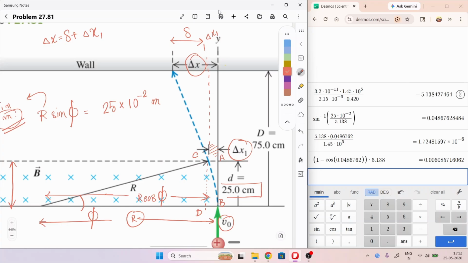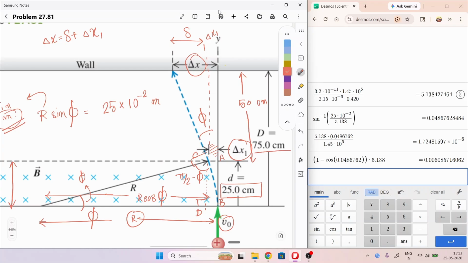Here this angle is phi, this is pi by 2, so this is pi by 2 minus phi. This is also pi by 2, so this should be again angle phi. As you can see, this is 25 centimeters and total distance capital D is 75 centimeters. So this remains 50 centimeters.